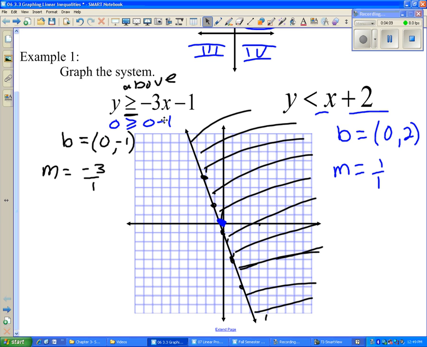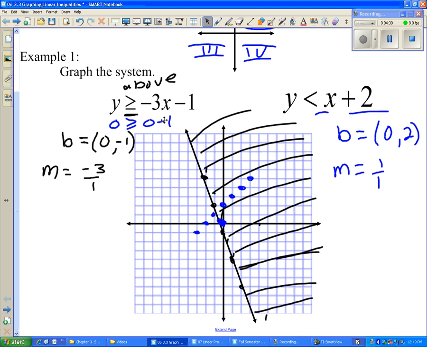We started in blue, so let's do it in blue. My y-intercept is the point 0, 2. My slope is up 1, right 1, up 1, right 1, or down 1, left 1, down 1, left 1. At this point, I need to decide if this needs to be a solid line or a dashed line.